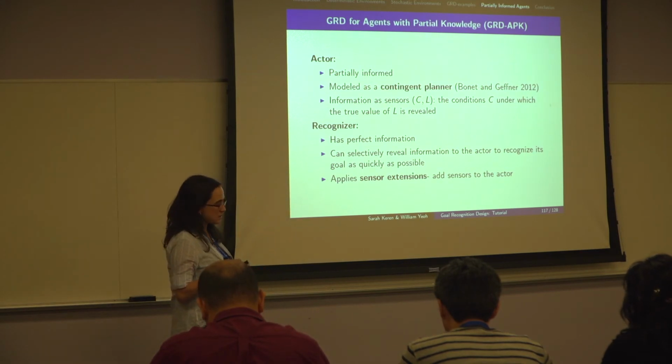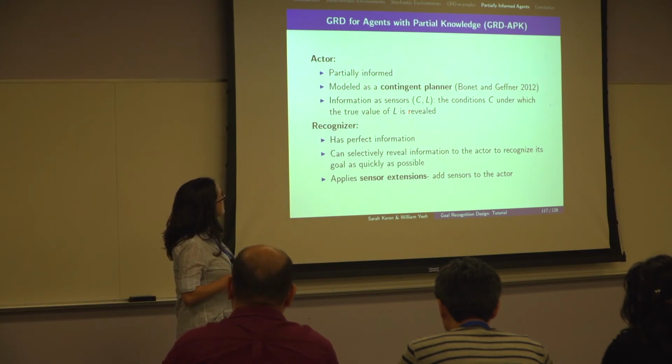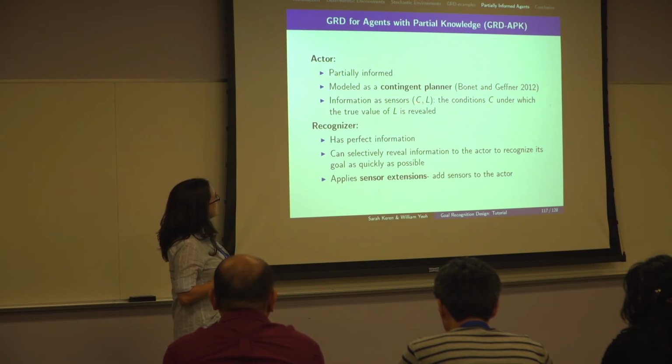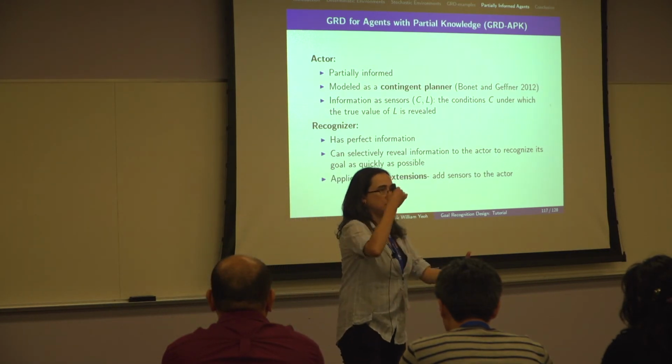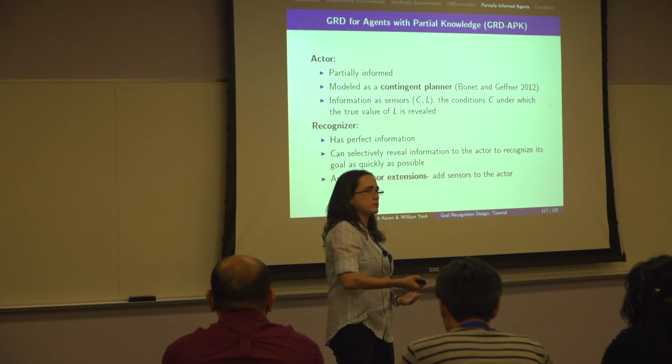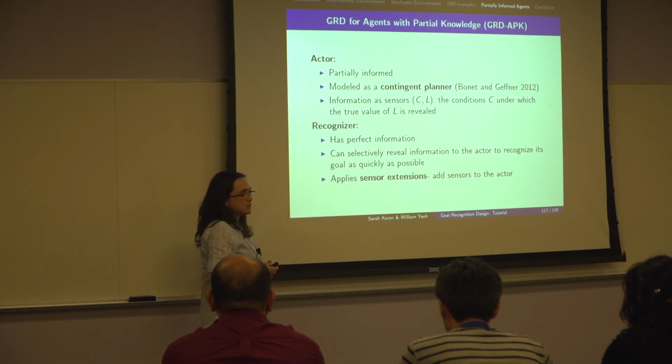In this case, the pairs C and L mean the condition C under which the true value of L is revealed. When I'm at a cell, I know whether there is a stench there or not. I'll give an example of that.